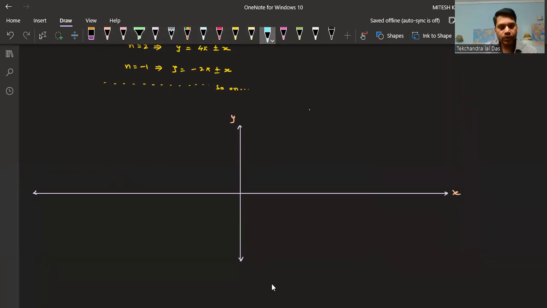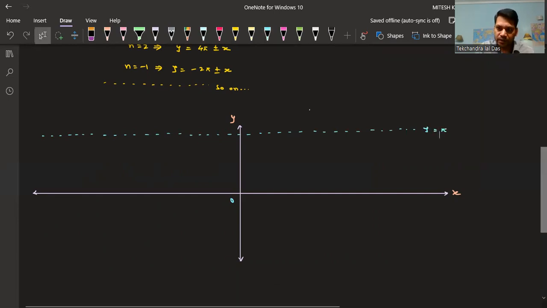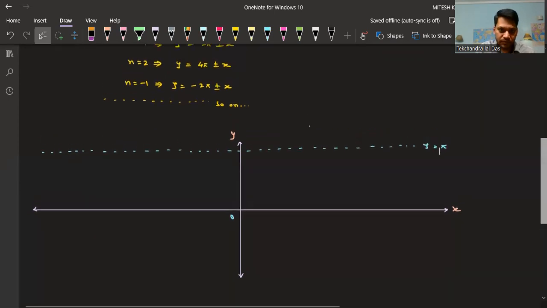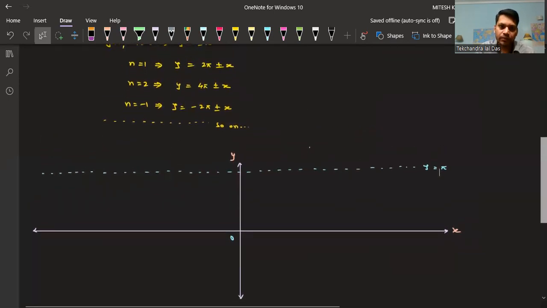Okay, so what we'll do, we'll draw one line that is y equal to pi. So let me draw one dotted line, just to show the boundary. Okay, this line is y equal to pi. Now, according to your branch, see our first branch we have found here y equal to plus minus x for n equal to 0.